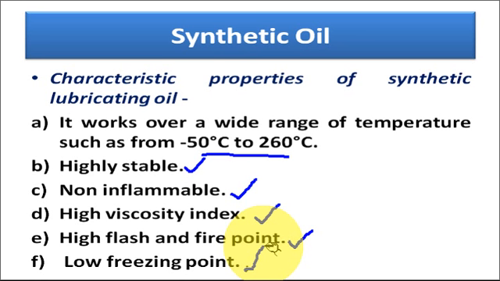Various types of synthetic oils we can use, for example halogenated hydrocarbons, organophosphate esters, silicones, dibasic esters, etc. The main applications of these synthetic oils are: they can be used in submarines and in aircraft. They are very moisture repellent, that means they are very stable, and used for lubrication in gas turbines and turbojets, etc. So this is all about synthetic lubricating oils.